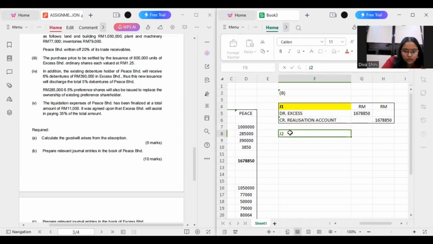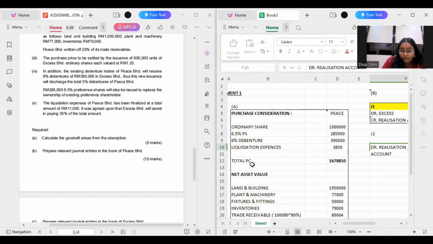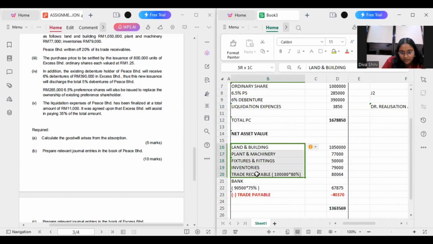For journal 2, we need to transfer out all the assets. For this, we list down all the assets in credit and debit the realization account. When it's all assets, we just copy and paste this.